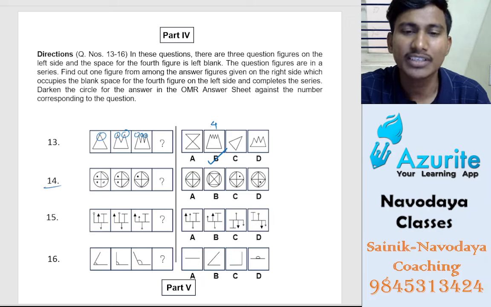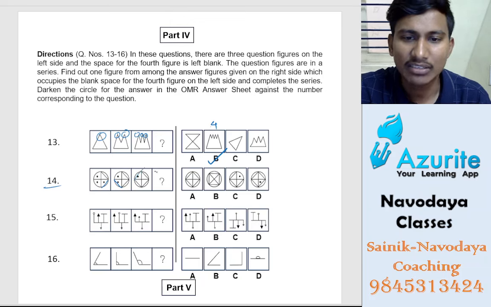So one dot, there are three dots, one line. Next one dot is gone, this becomes a line here. Next this will go away and it will become a line here. And this will go away and it will become a line here. So that is why what will be the answer? Option A here. Now the 15th one.